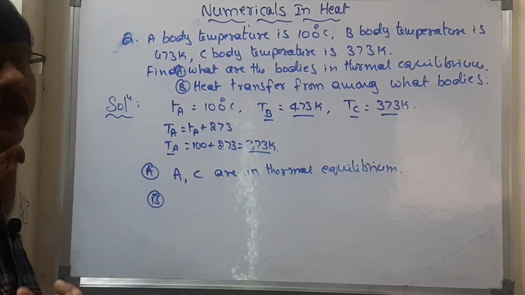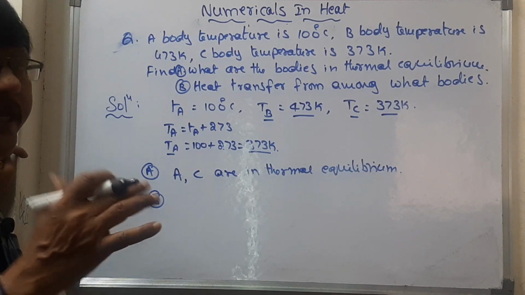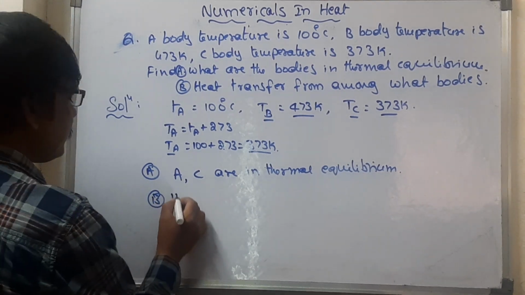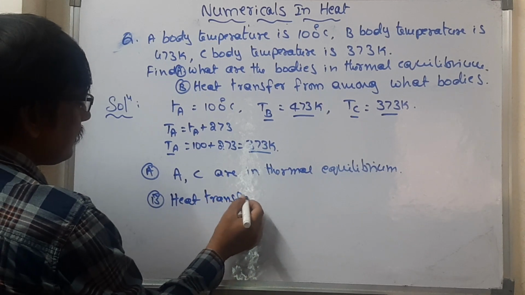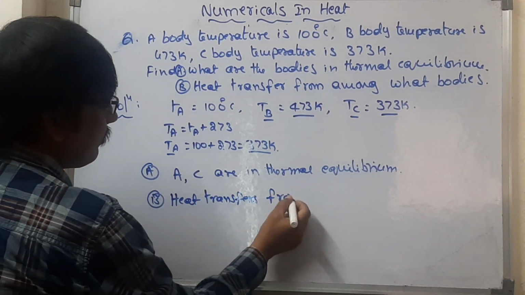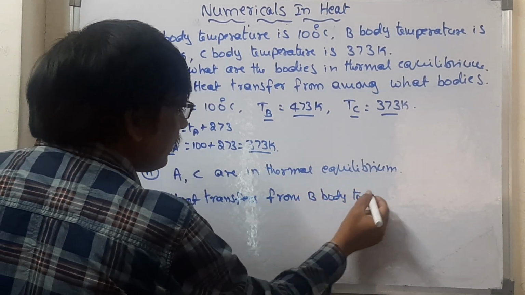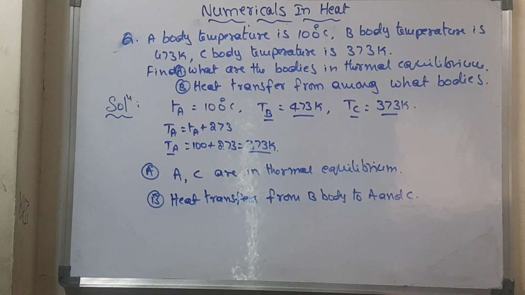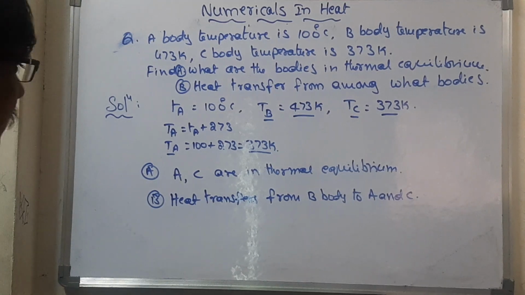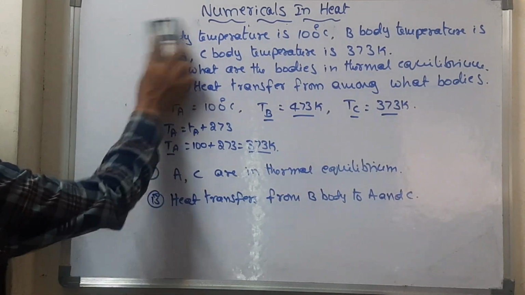So heat will transfer from the high temperature body, which is the B body, to both A and C. Heat transfers from B body to A and C. Okay, understood? It's a very simple sum. Just take a screenshot. Now let's go for the next one. Got it? This is one of the very important models.